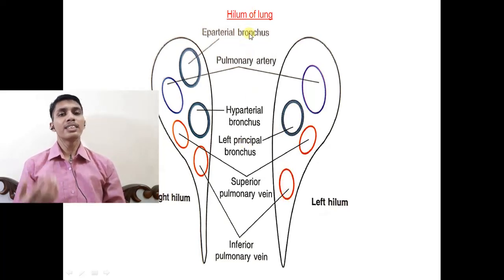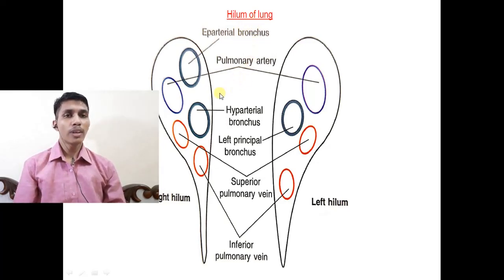The basic reason why this occurs is as we all know, the principal bronchus reaches our lung and enters. The site of entry is through the hilum to the root.